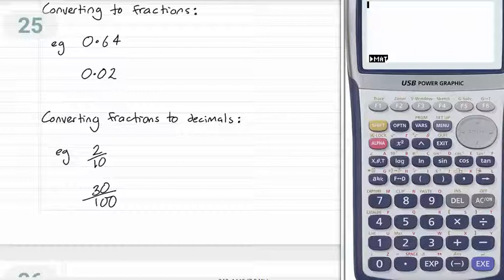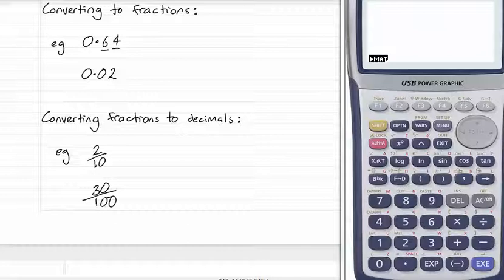Converting decimals to fractions. Now we can cheat and use our calculator, but let's check how it works. Count the number of decimal places. In the first one, there's 2, so that means I have 64 hundredths.